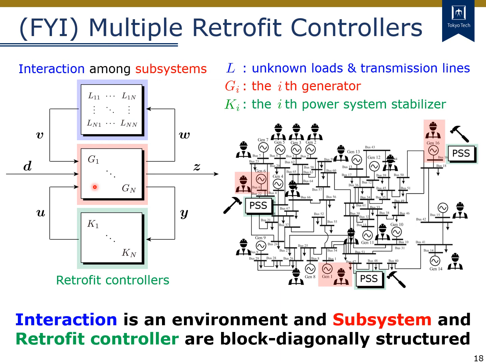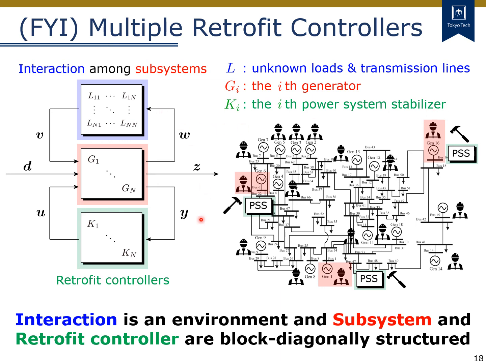For the power system example, L corresponds to the collection of unknown loads and the transmission lines connecting the generators, and the G_i corresponds to the i-th generator. Furthermore, the collection of the retrofit controllers can be written as this green block, and the controller K_i corresponds to the i-th power system stabilizer in the power system example.